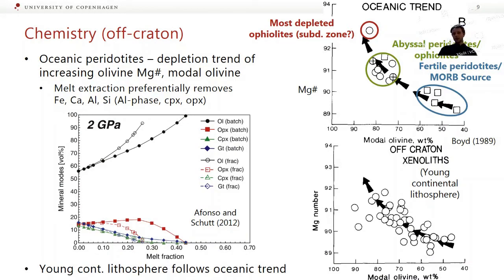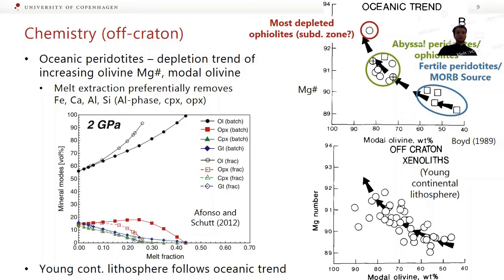Okay. In terms of geochemistry, off craton, a lot of the rocks actually look quite similar to oceanic lithospheric peridotites. So in the top right, I've shown a depletion trend from Boyd 1989, and this is a plot of olivine magnesium number against modal olivine percentages.